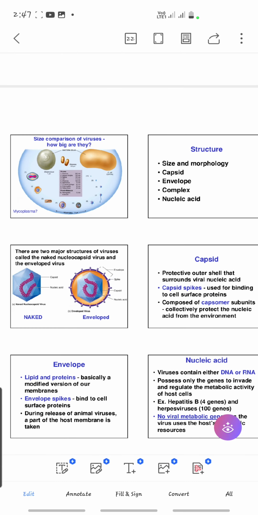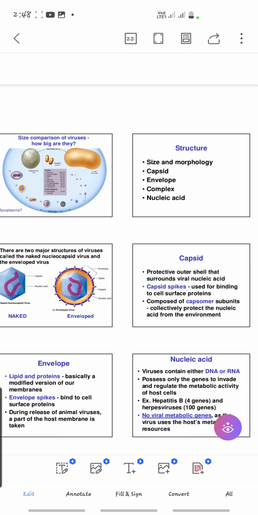Capsid is very important in the structure of the virus. Why? Because it is a protective outer shell that surrounds the viral nucleic acid. Similar to bacteria, the capsule is somewhat the same, because it is a protective outer shell that surrounds the structure.